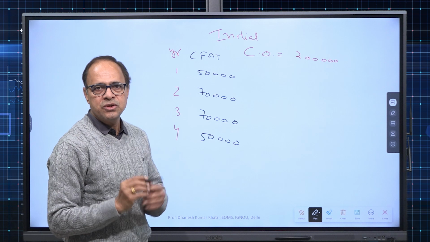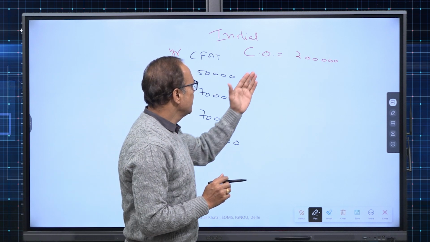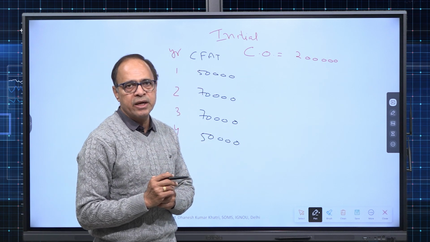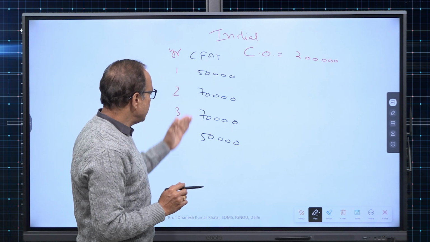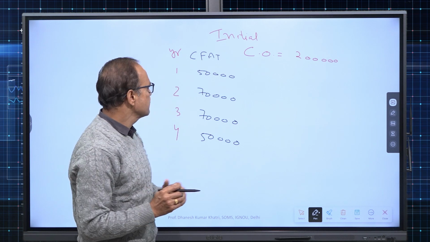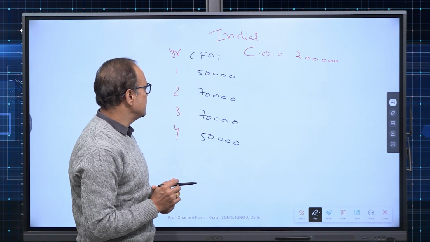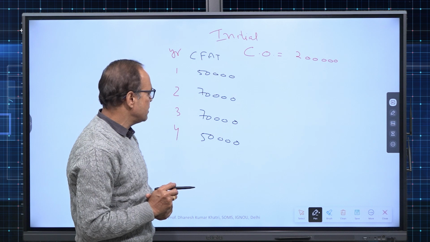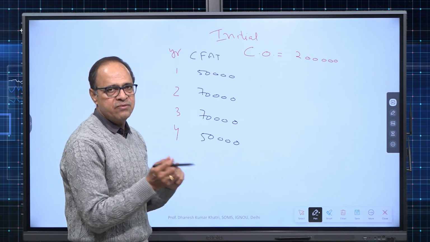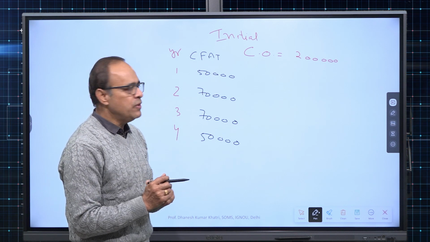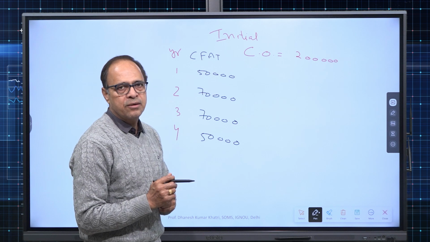Calculate IRR. So, simple numerical. Now, you can see your initial investment is 2 lakh rupees, project has a life of 4 years, and cash flow after tax is 50,000, 70,000, 70,000 and 50,000. Remember these values? Now, we have to calculate IRR.